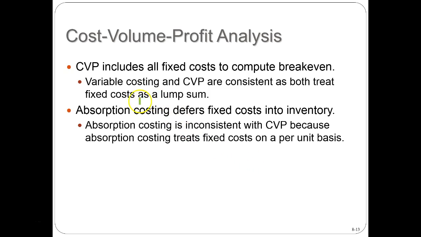So cost volume profit includes all fixed costs to compute a break even. Variable costing and cost volume profit are consistent, as both treat fixed costs as a lump sum. If we were trying to do a break-even analysis, which is a basic analysis in terms of seeing how our business is doing, and we may do a profit analysis as well, the first thing we would do is take a look at our fixed costs and divide that by our contribution margin oftentimes.